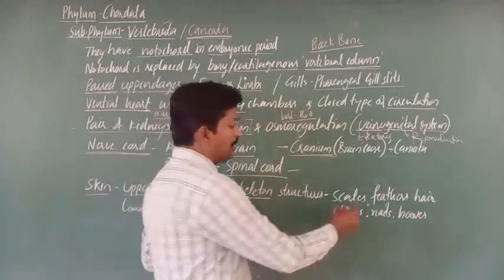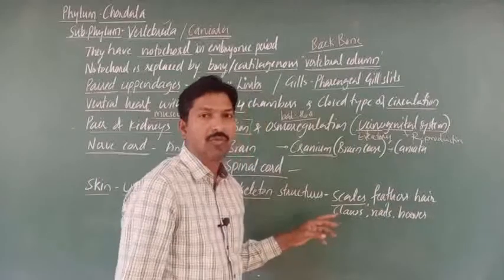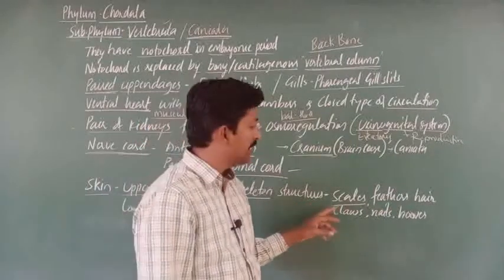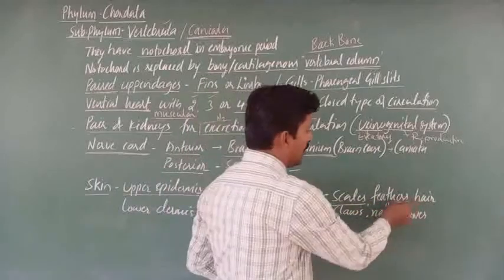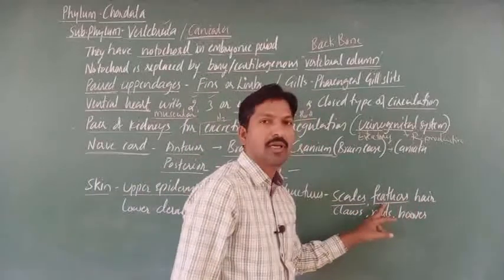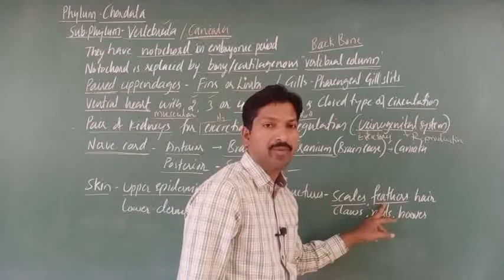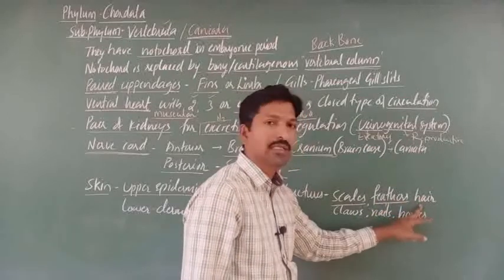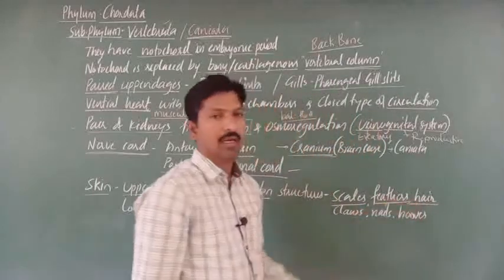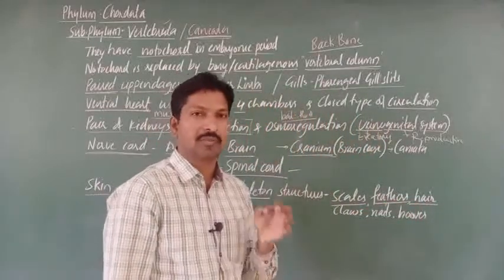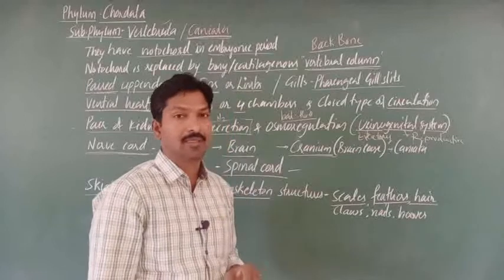There may be scales in the case of fish, right. Feathers are in birds, or aves, right. Hair is in mammals. Hair is a common and special feature of mammals, the higher animals.